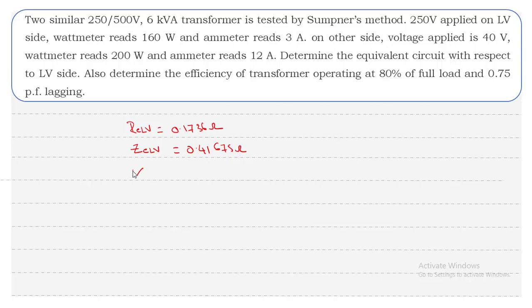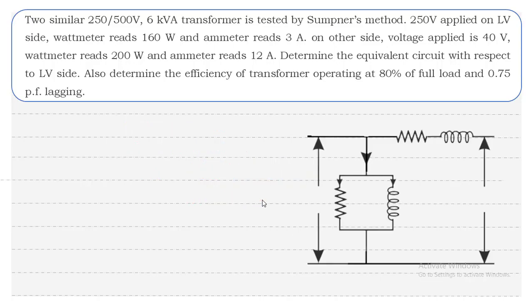Now get the value of XE of LV, that is XE of LV is equal to square root of 0.41675 whole square minus 0.1736 square. Simplifying this, we will get the equivalent reactance referred to LV side as 0.3788 ohms.